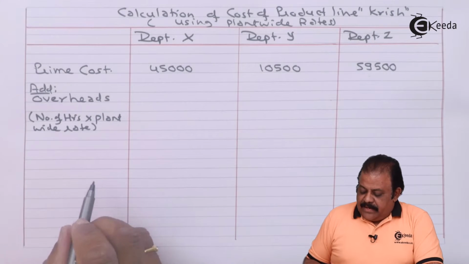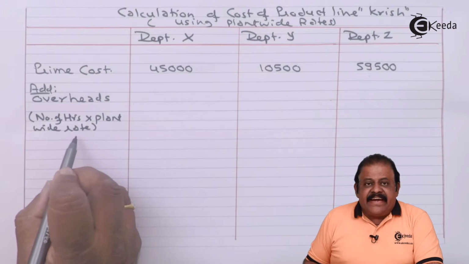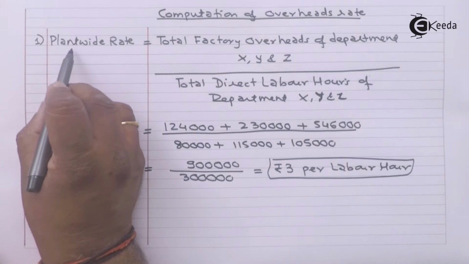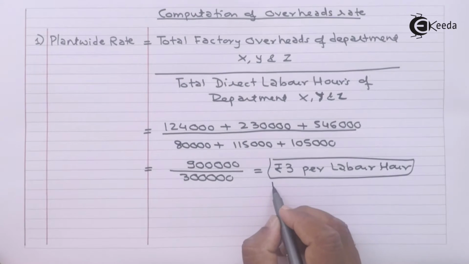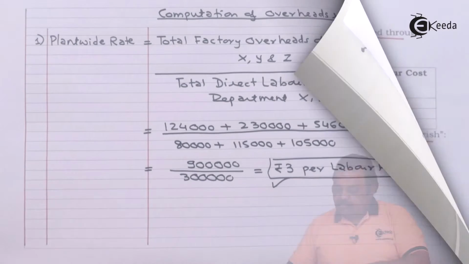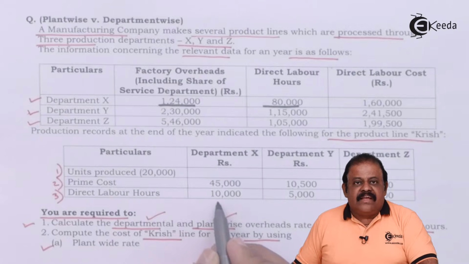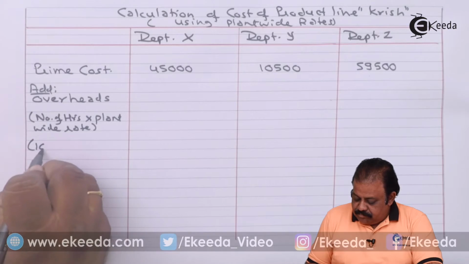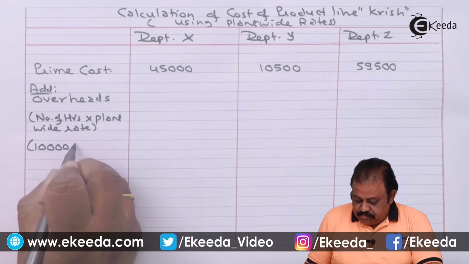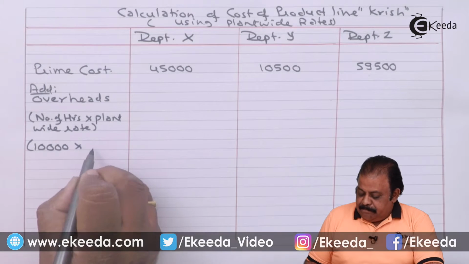Overheads will be calculated based on number of hours multiplied by plant-wide rate. Plant-wide rate we have calculated is rupees 3 per labor hour. In case of department X, direct labor hours 10,000, so 10,000 hours multiplied by 3.